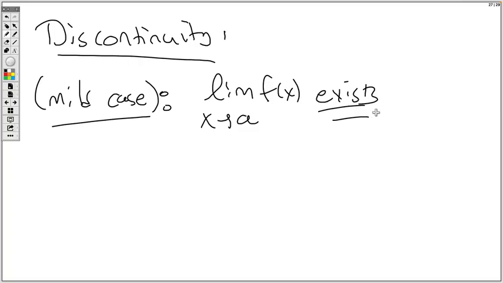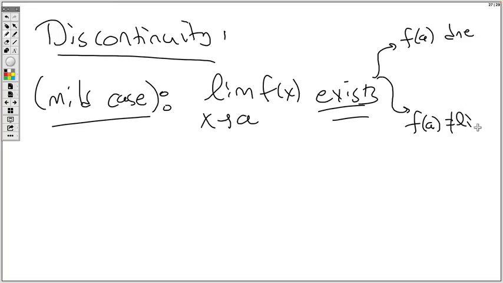So if the limit exists and we're discontinuous, then the only way that can happen is what? So that means that, if the limit exists, either the function itself doesn't exist or the function doesn't equal the limit. These types of discontinuities are called removable.